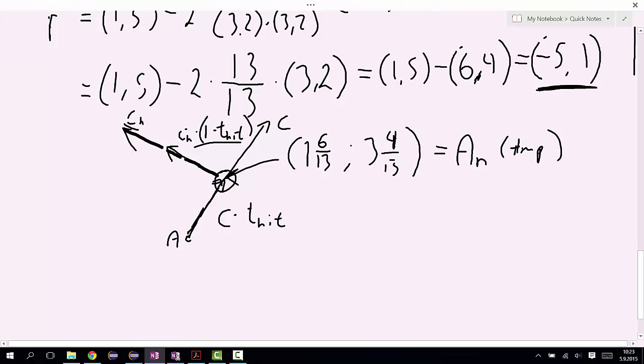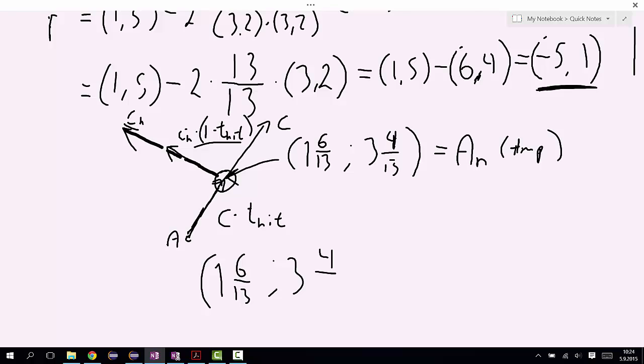There. So finally, we now have 1 6/13, 3 4/13.